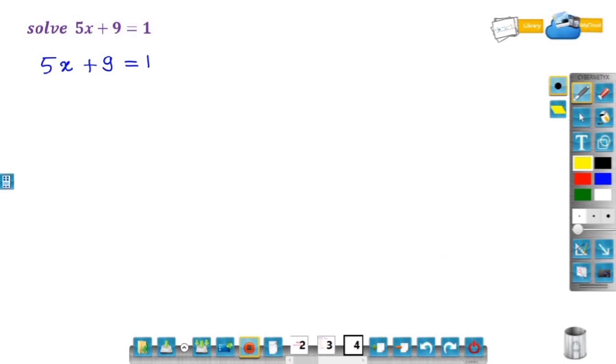Here, first we have to transpose 9 to the RHS. Here we have two terms on the LHS, 5x and plus 9, and on the RHS we have 1. We have to keep the variable term on the left side, so move 9 to the RHS.